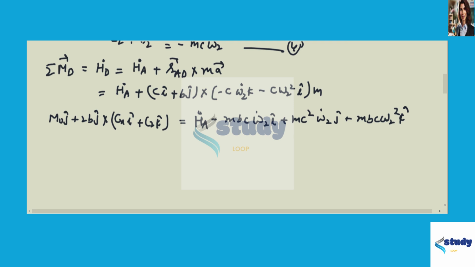Equating the components. Now substitute this value, already we have calculated.